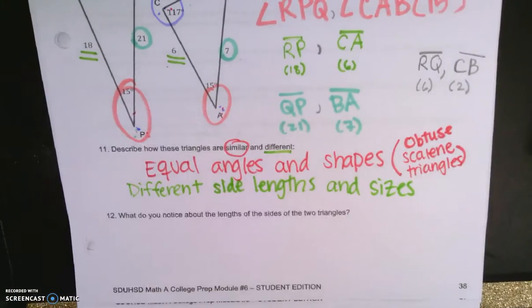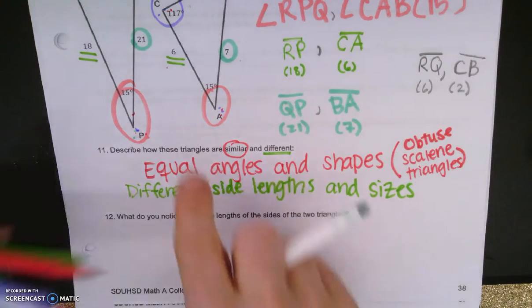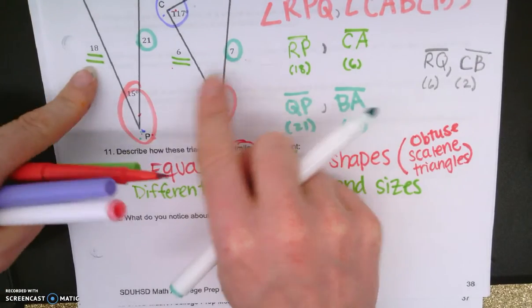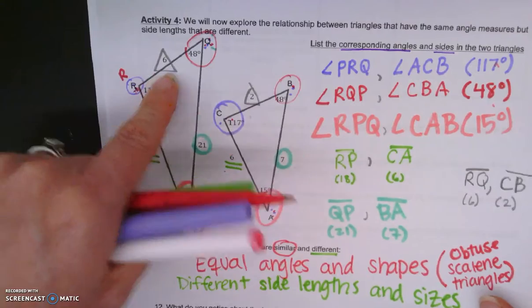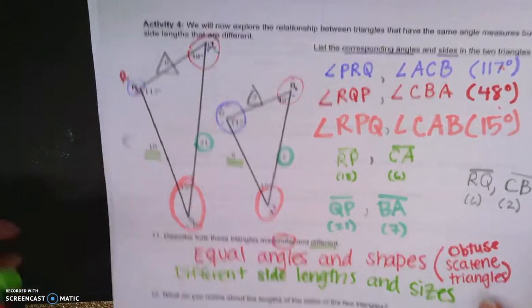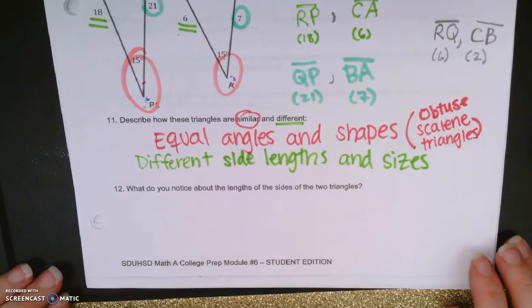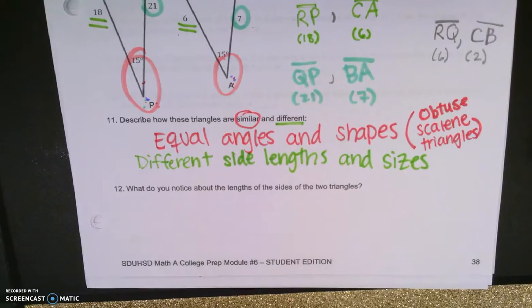Well, we notice that the corresponding side lengths have the same ratio. 21 over 7 is 3. 18 to 6 is 3. And 6 to 2 is 3. Do you remember what we call shapes that have, or values that have equal ratios? Equal ratios means they're proportional.